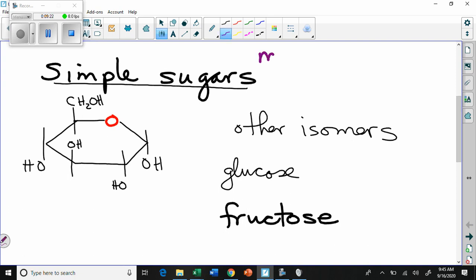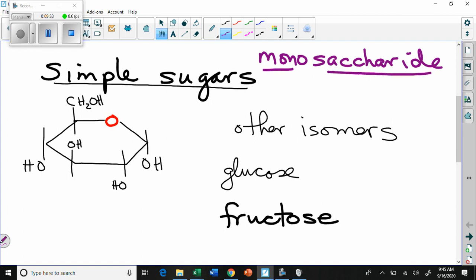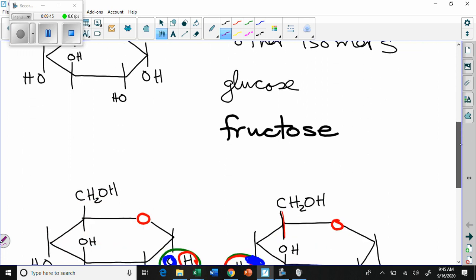It's called a monosaccharide with two C's. A monosaccharide means one sugar molecule. It's a monomer, right? It's a monomer that can form the building blocks of bigger molecules. So write that down. And then we'll go down to where we were before.